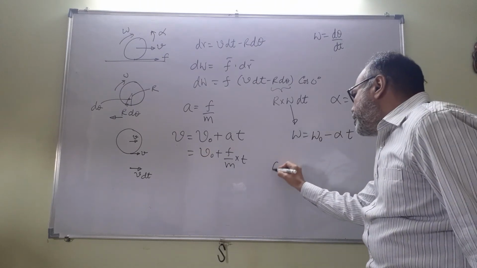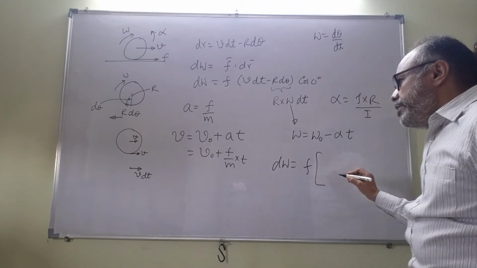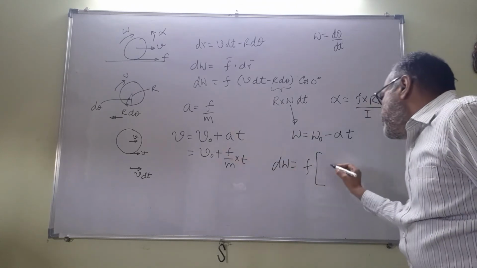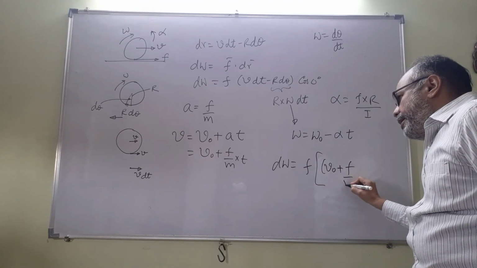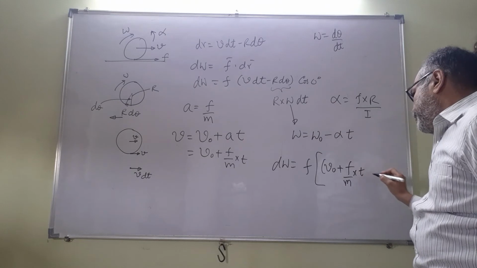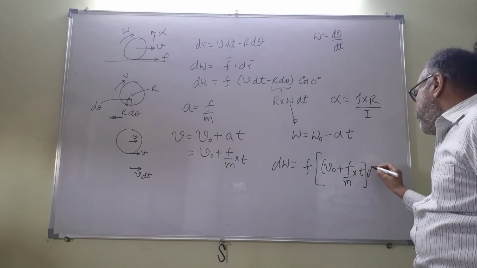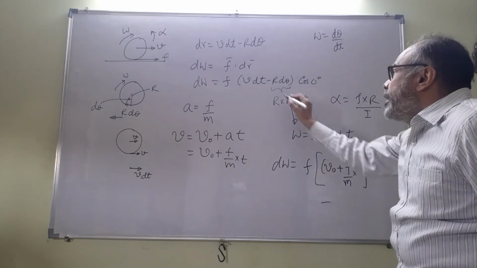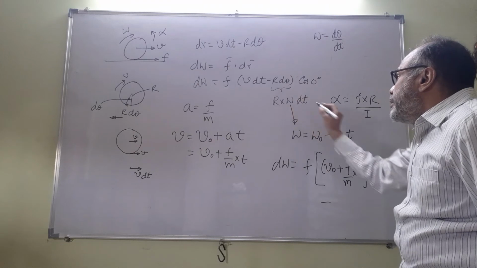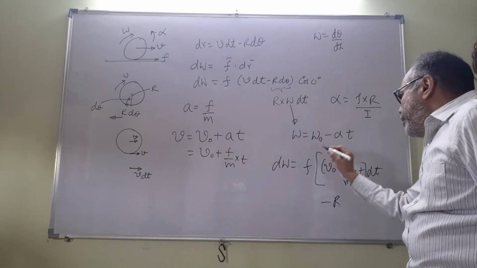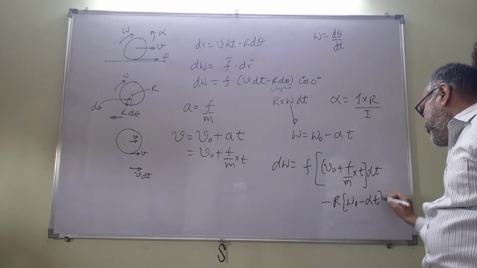So what does the work become? The dW becomes F into (V dt minus omega R dt). Instead of V we can substitute v naught plus F by m into t, and omega is omega naught minus alpha t.